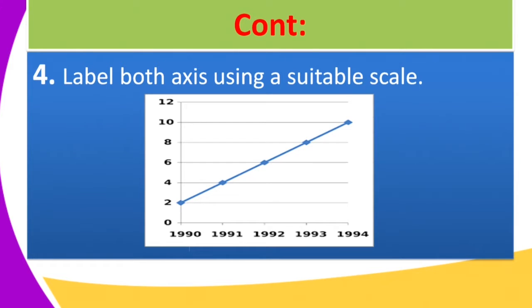Then on the y-axis, you will label it in terms of centimeters or tons or kgs, depending on the data that you have been given. On our image, we have 0 tons, 2 tons, 4 tons, 6 tons, 8 tons, 10 tons, up to 12 tons. This is how we will label our diagram using a suitable axis.